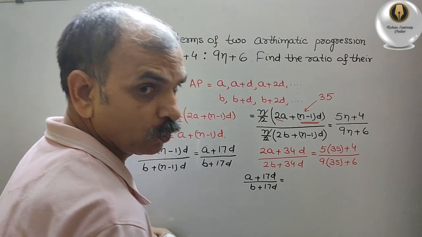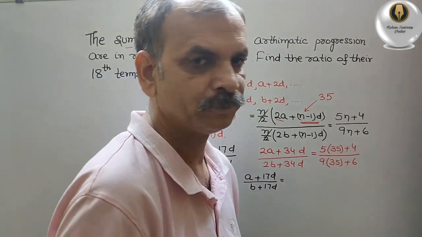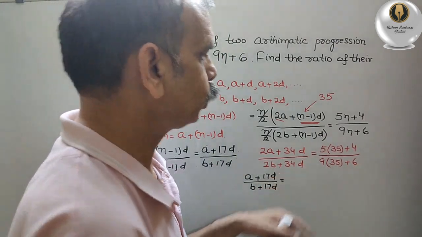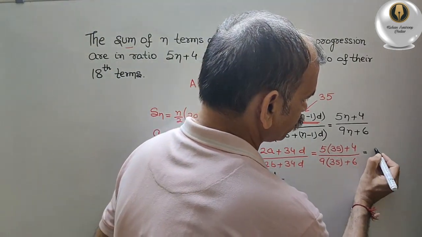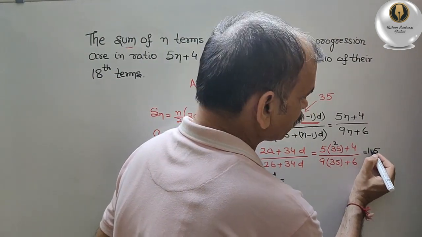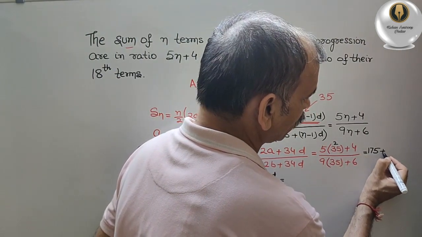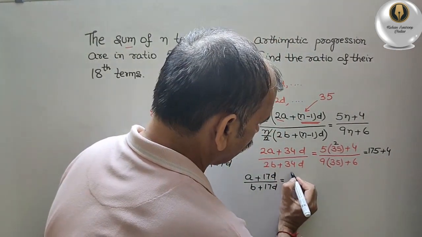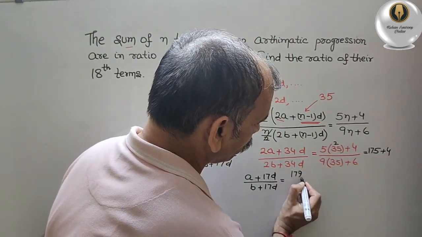That is equal to: 5 into 35 is 175, plus 4 equals 179, so it will come as 179 by 2.